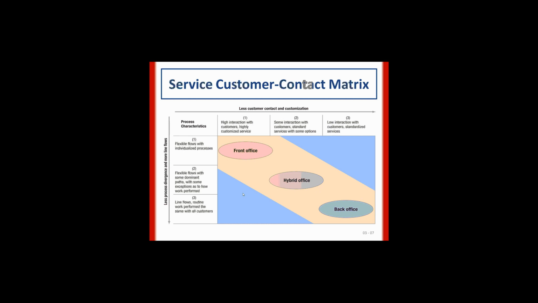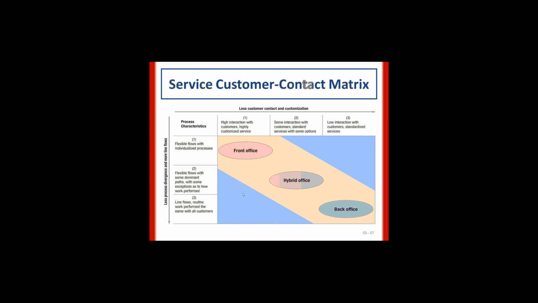On the other hand, the back office type of organization may have a standardized or line flow of the process, which has very low interaction with the customer and also a low level of customization.